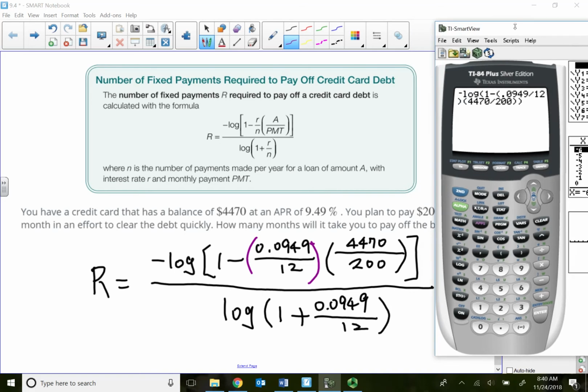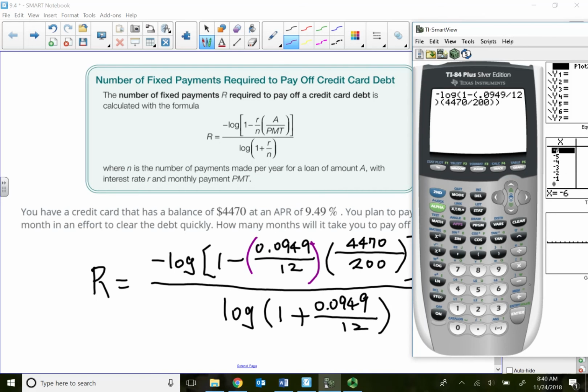The last one I'm closing is the brackets, divided by the word log. That opened a parenthesis for me, so I don't have to open an extra one. 1 plus 0.0949 divided by 12, and close the parenthesis for the log. I'm not adding an extra parenthesis for this 0.0949 divided by 12 because according to order of operations, inside this parenthesis it will do the division first, then add the 1, which is what I want.